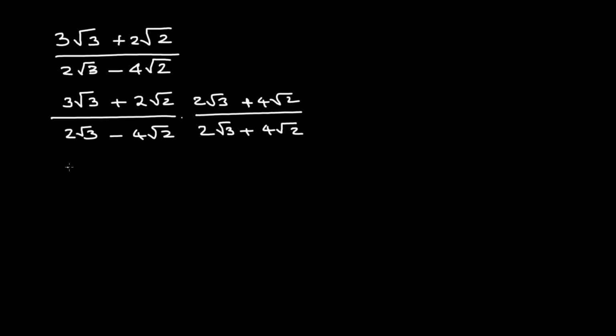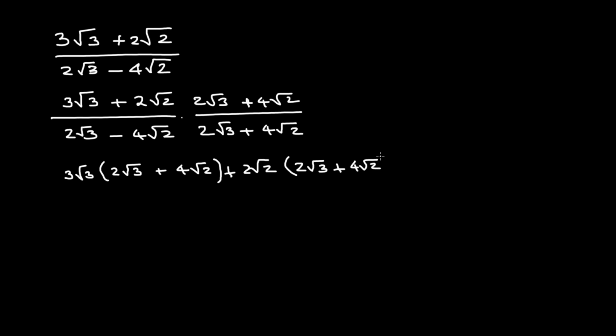So now my expansion is, I'll get my 3 root 3. Then I repeat the second factor, 2 root 3 plus 4 root 2, like that. Then I go to the next expansion step, which is 2 root 2, right? Then I expand carefully here, I put 2 root 3 plus 4 root 2.